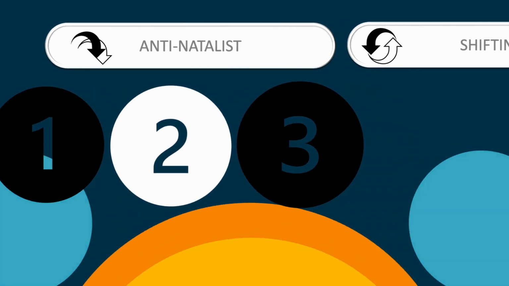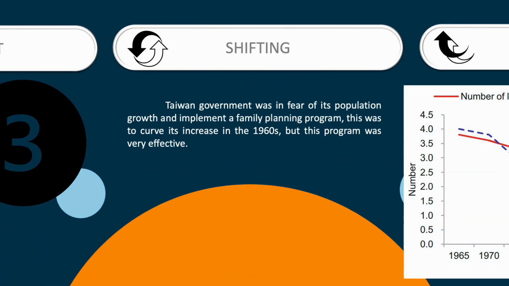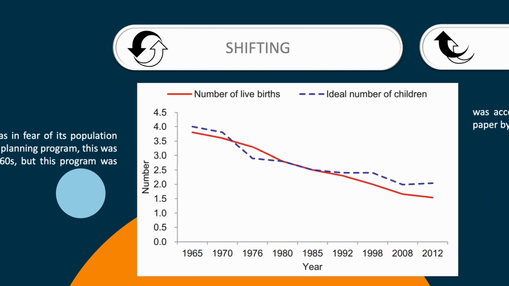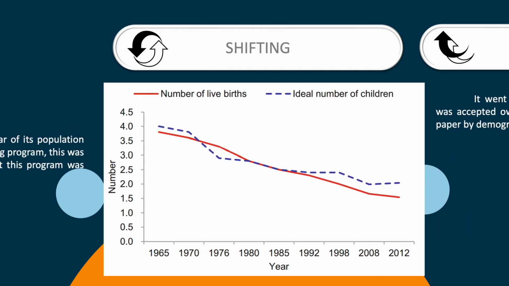But before China, Taiwan's government was in fear of its population growth and implemented a family planning program. This was to curb the population growth in the 1960s, but the program was so effective that births fell below even the replacement ratio, generally defined as 2.1 births per woman, in 1984.